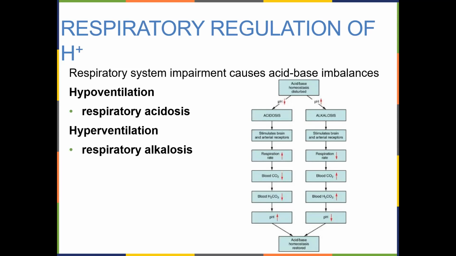Patients with pneumonia often develop respiratory acidosis because in pneumonia, you accumulate mucus on the alveoli inside the lungs. It makes it harder for oxygen to get in and CO2 to get out, so you're retaining more CO2.